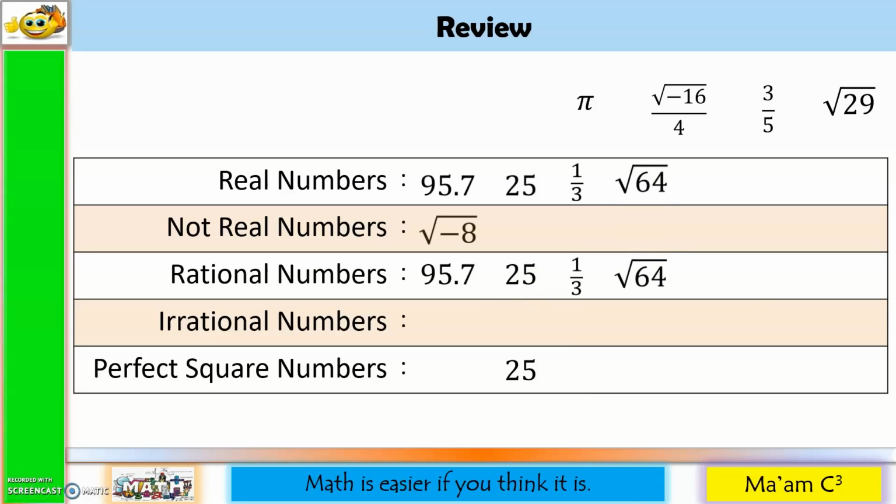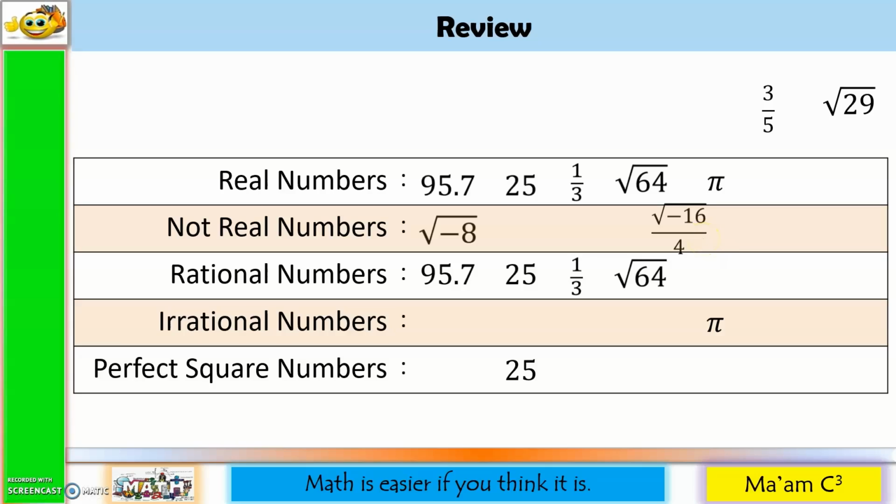Next, we have pi. Pi is a real number. And also, it is an irrational number because pi has a value that is non-terminating and non-repeating decimal. Next one is square root of -16 all over 4. This is not a real number. Once again, a negative number under the square root symbol will give you an imaginary result.